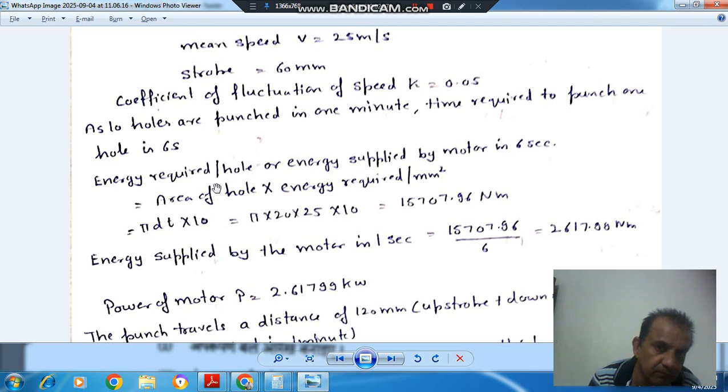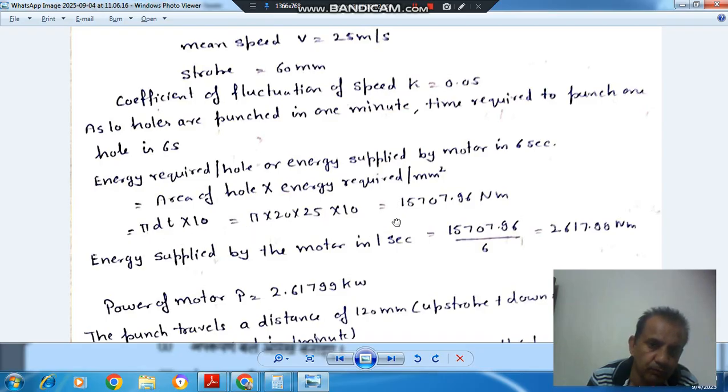So energy required per hole is the area of the hole into the energy required per mm square. Energy required per mm square is 10 Newton meter per mm square, and the sheared area is pi d t, where d is 20 and t is 25.